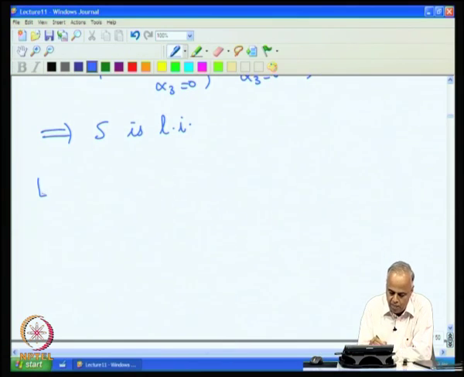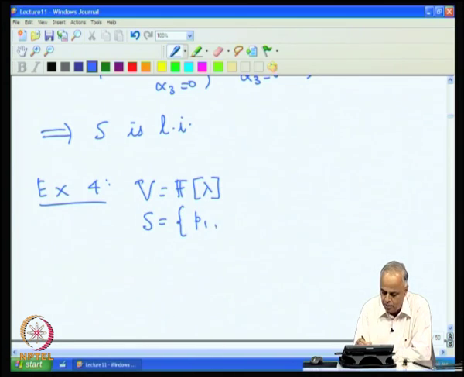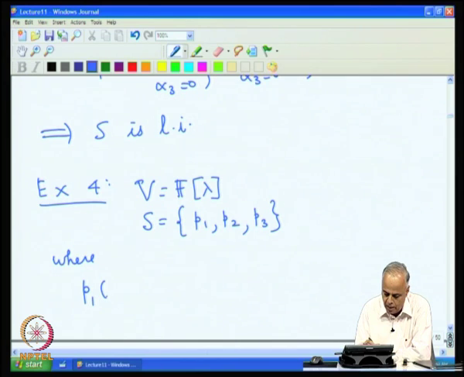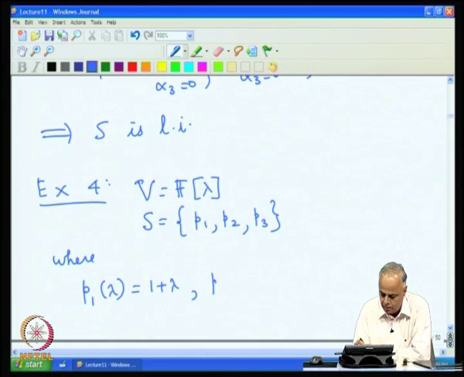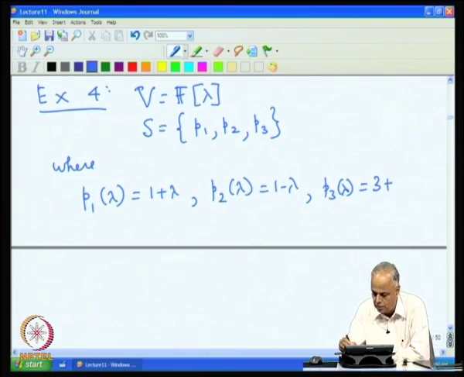And one final example, again let us take the vector space V to be the space of all polynomials. Again let us take S to be P 1, P 2, P 3, where now P 1 lambda is 1 plus a lambda, P 2 lambda is 1 minus a lambda, and P 3 lambda is say 3 plus a lambda.